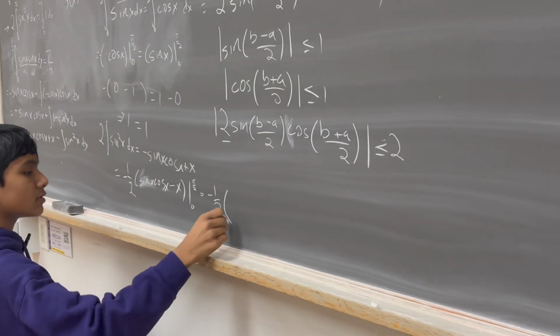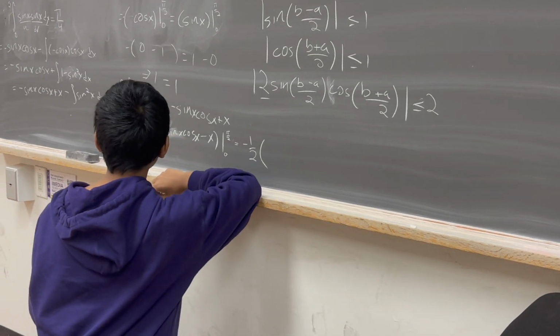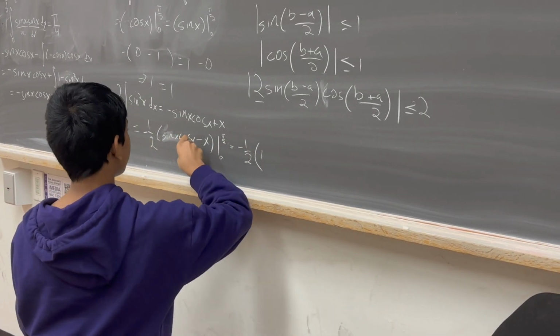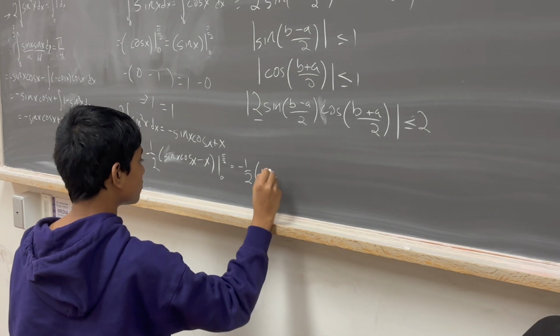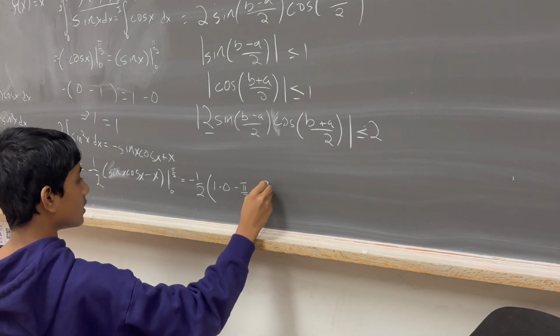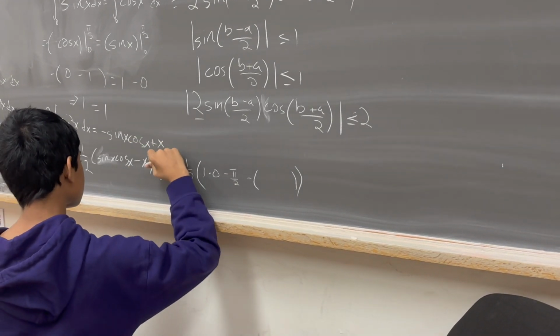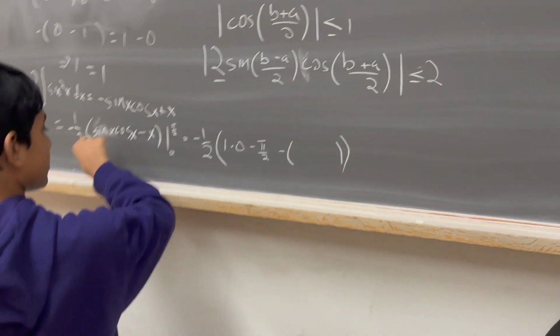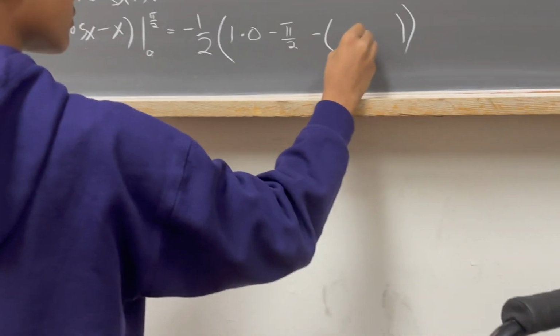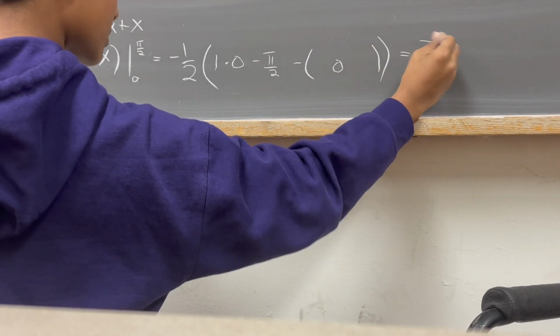One half times, well, what's sine of pi over 2? That's equal to 1. What's cosine of pi over 2? That's equal to 0, so we get pi over 2 minus 0. Well, if we plug in 0, this is 0 and this is 0. So that's equal to pi over 4.